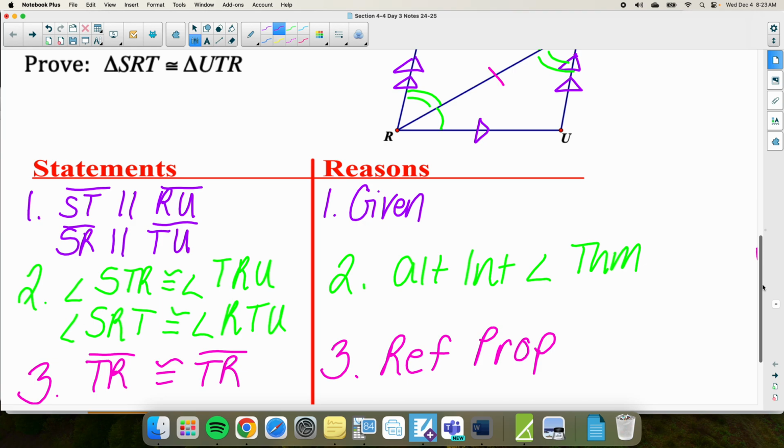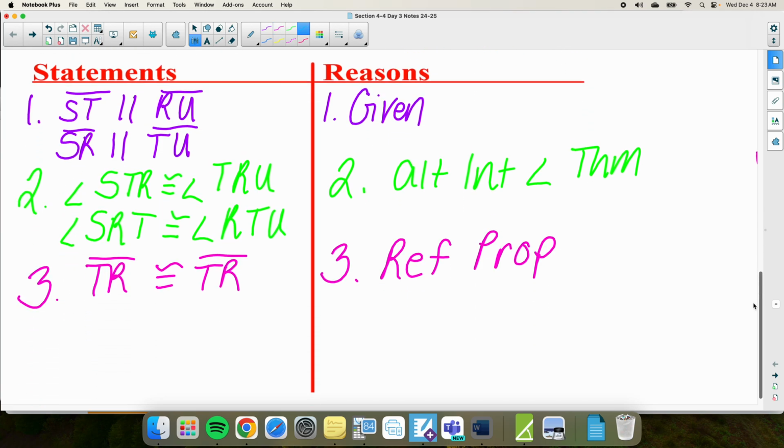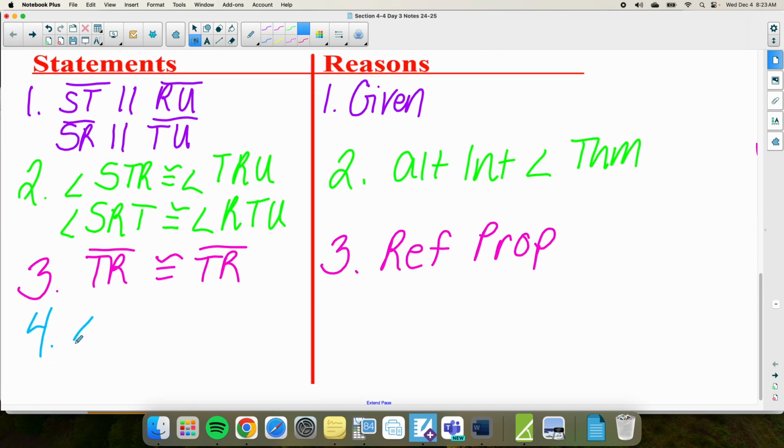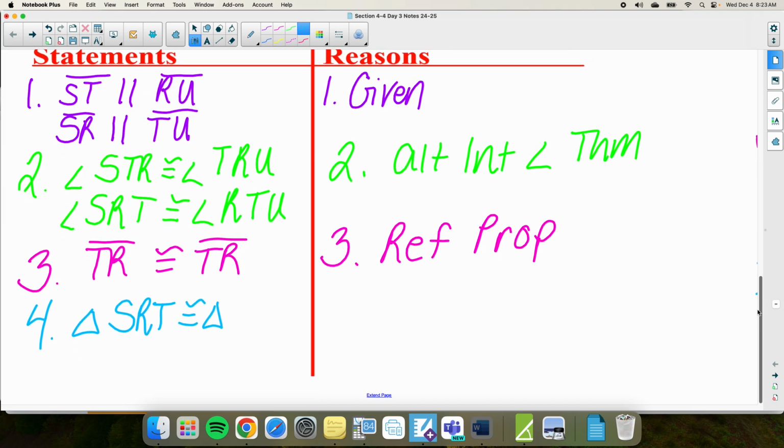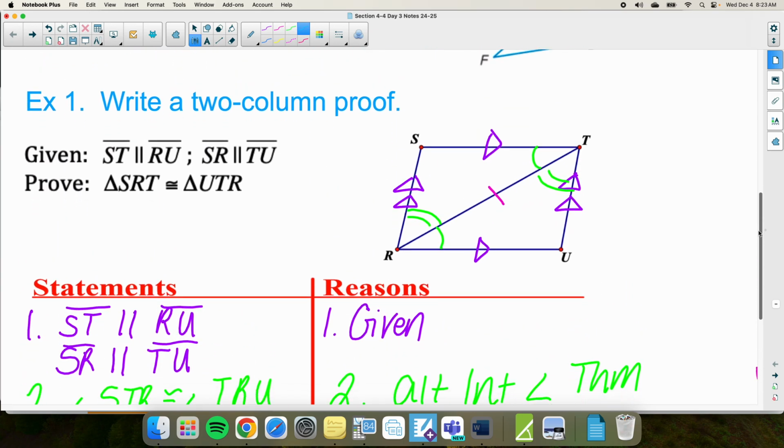So I can say triangle SRT is congruent to triangle UTR. And remember, when you get to this point, you have a choice between side, side, side, side, angle, side, angle, side, angle, or angle, angle, side.